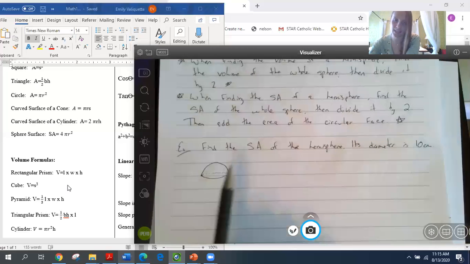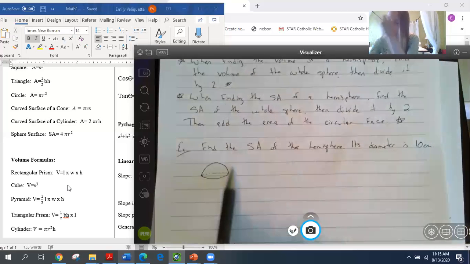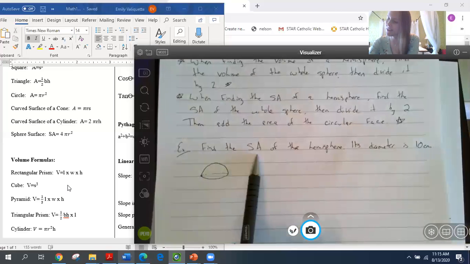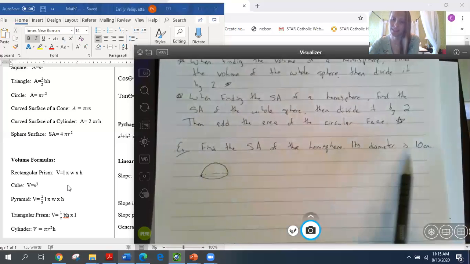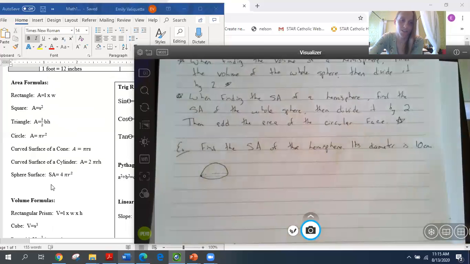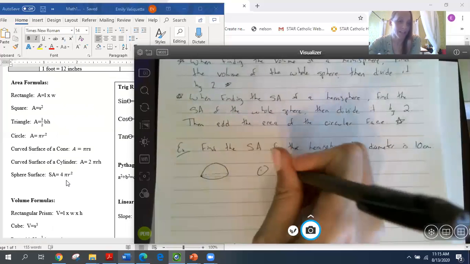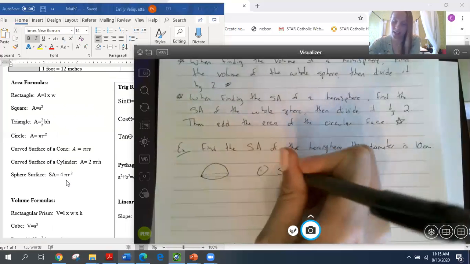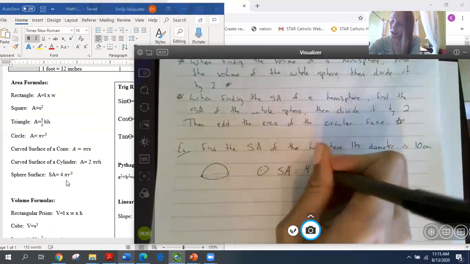So for this first example, this is my best attempt at a drawing of a hemisphere. It says find the surface area of the hemisphere. Its diameter is 10 centimeters. So we're going to go to the sphere's surface area formula, which is that the surface area is 4 pi r squared.